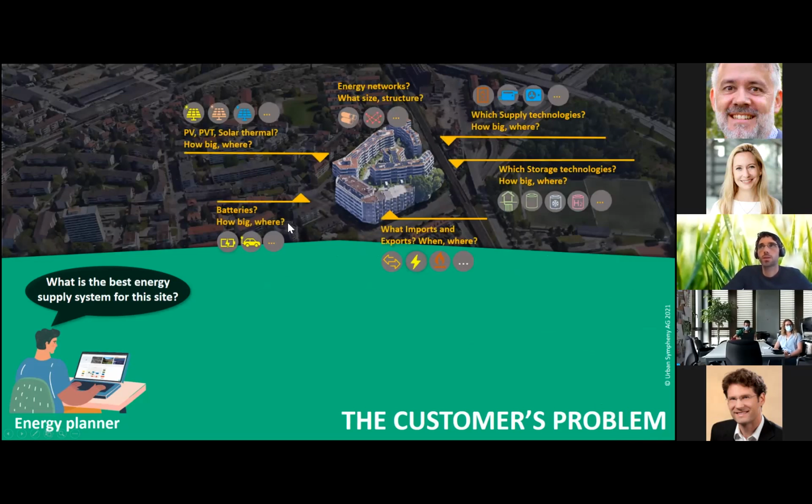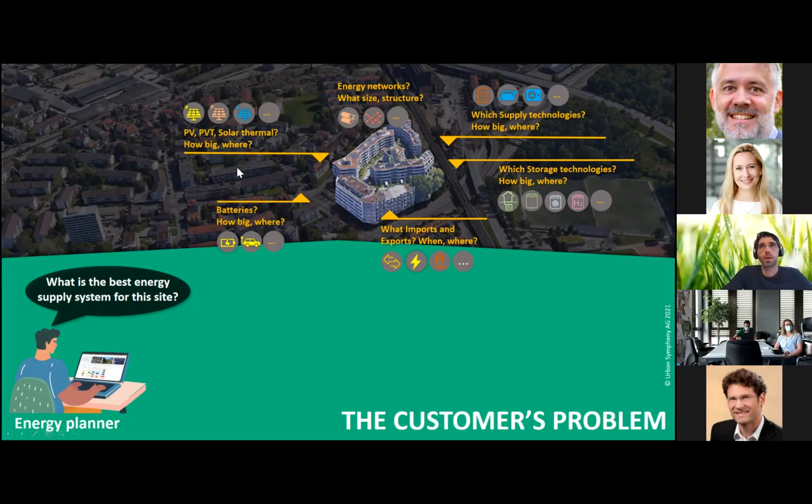In answering that question, they have to answer things like which supply technologies can be used, considering both conventional technologies like gas or wood technologies, as well as newer technologies like power to gas pathways or other ones. They have to consider the potential contribution of different renewable sources of energy at the site.